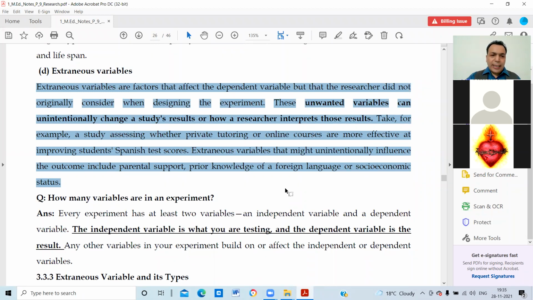Take for example a study assessing whether private tutoring or online classes are more effective at improving students' test scores. Extraneous variables that might unintentionally influence the outcome include parental support, prior knowledge of the foreign language, or socio-economic status.